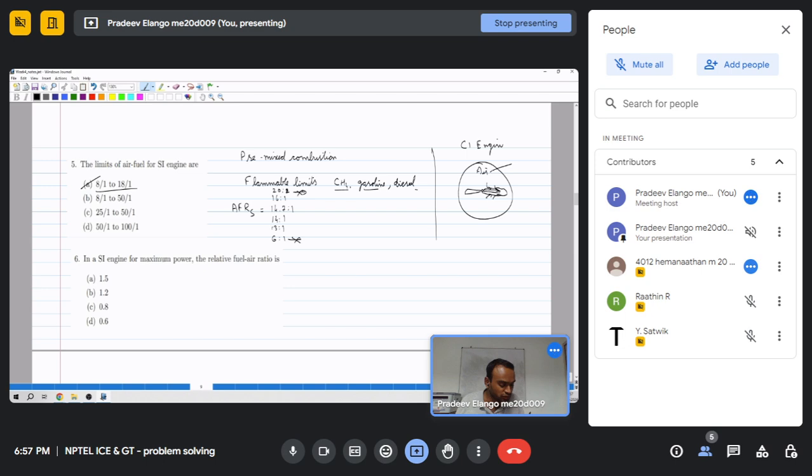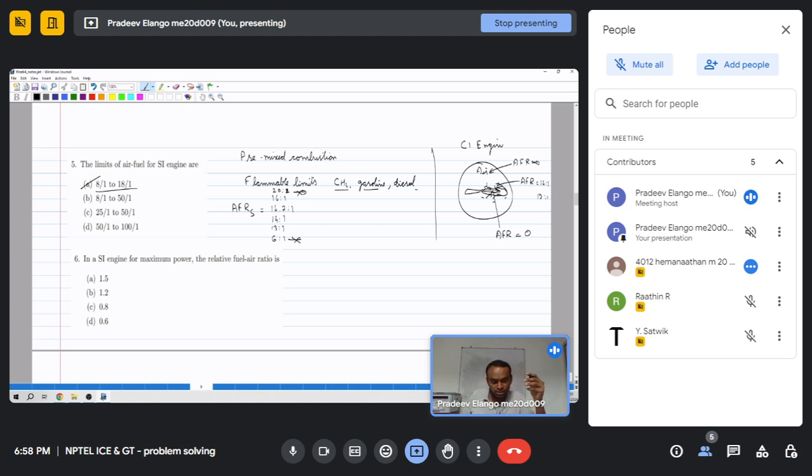So here the AFR will be infinite because there is no fuel at all. At this central core, the air-fuel ratio AFR is 0 because there is no air at all. And around some periphery, there will be some flammable mixture. The AFR can be say 14 to 1, say 12 to 1, and so on. In these regions, it can burn.